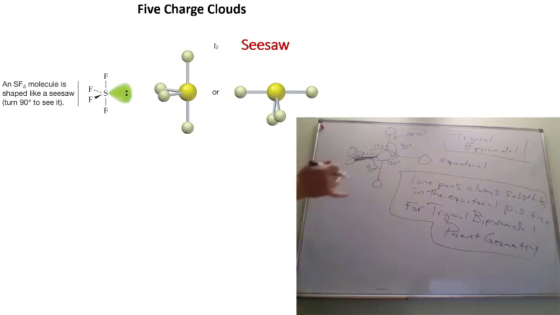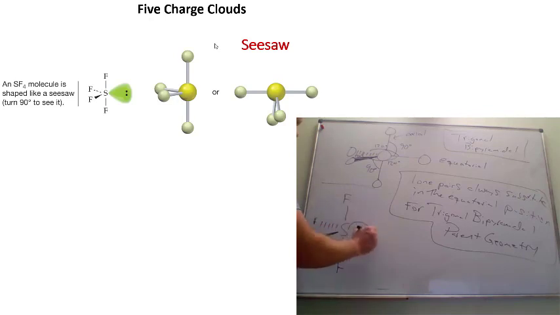Okay, so let's take a look at this first substitution of one set of lone pairs into our equatorial position. So for example, we have our SF4. So we have our sulfur atom in the center. We have our fluorine in the top, fluorine in the bottom in the axial position. And then equatorially, going into the board, we have a fluorine. Coming out of the board here, we have a fluorine.